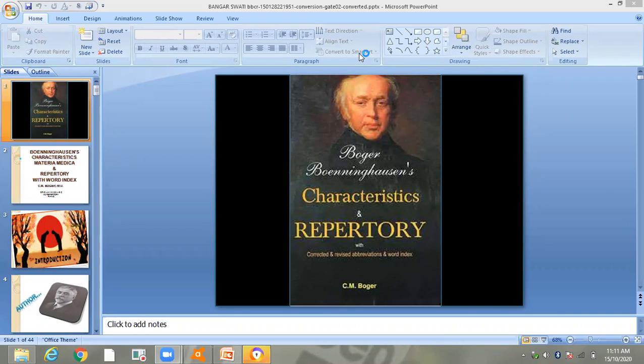Then the fever totality or fever chapter is the unique work of Dr. Boger. As we know, in this fever chapter, all the symptoms related to fever in different stages, that is chill, heat and sweat stage, are given under different headings and parts of the body.